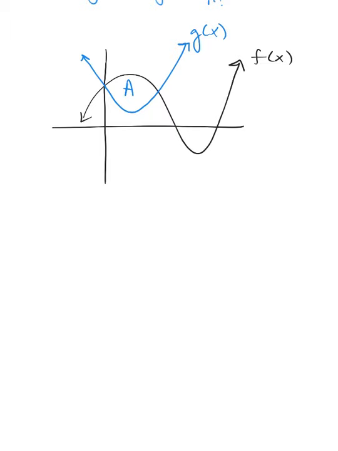All right, so different things that you can do here. Let's just start with area. If I want to find the area of region A, bounded by f and g, how would I do that? The area is just going to be the integral. And then you would have to find this intersection here, so we'll just call that B. How you would find that intersection is you would just let f of x equal g of x.